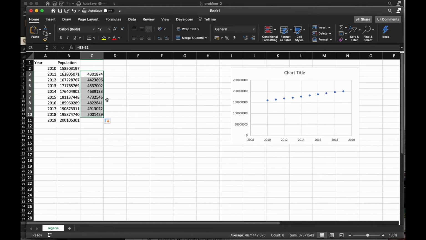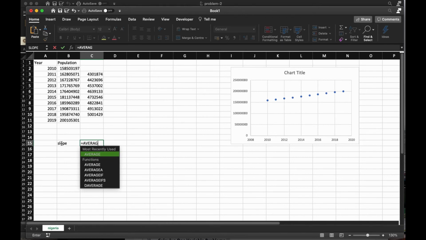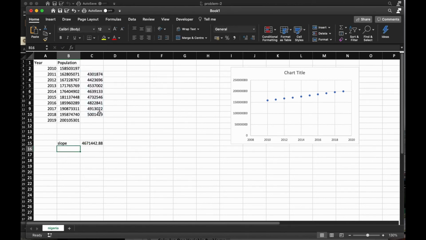Now we take our slope, b or m, which equals the average of the slopes we just computed. That's the average of the slopes.